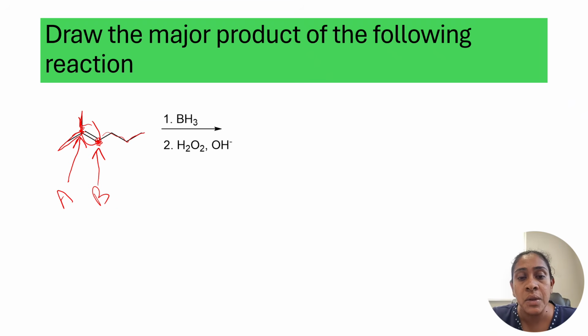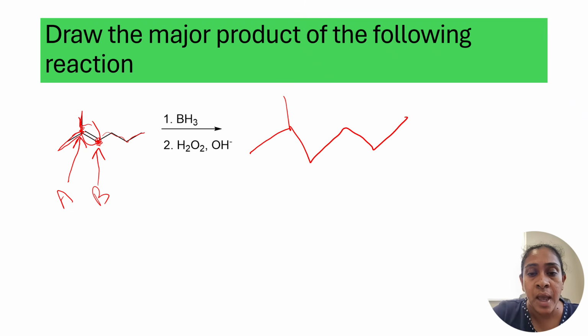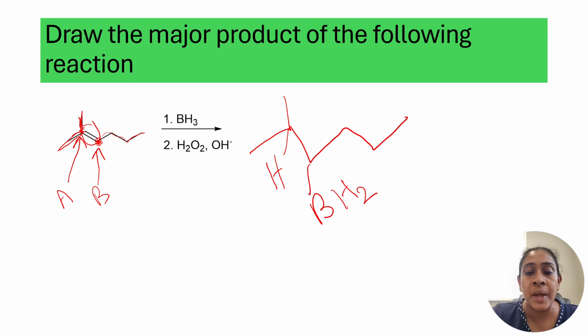So when we do the hydroboration, it places boron on the less substituted alkene carbon and hydrogen on the more substituted carbon. When we draw the product, you need to draw the rest of the molecule as it is. You need to open up the pi bond, and then the BH2 group will be placed on the less substituted carbon, and hydrogen will be placed on the more substituted carbon.